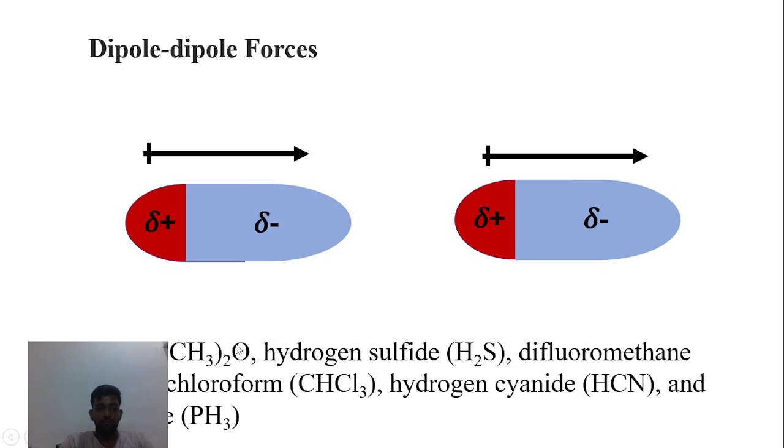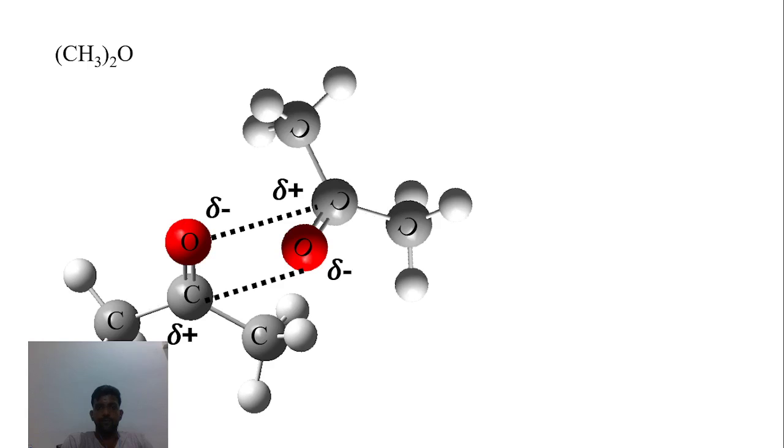Some of the examples are acetone, hydrogen sulfide, difluoromethane, chloroform, hydrogen cyanide, and phosphine. So let me just give you an example. This is an acetone molecule. As carbon is electropositive and oxygen is electronegative, there will be a dipole moment from positive to negative charge, and similarly in another molecule there will be a positive and negative charge separation.